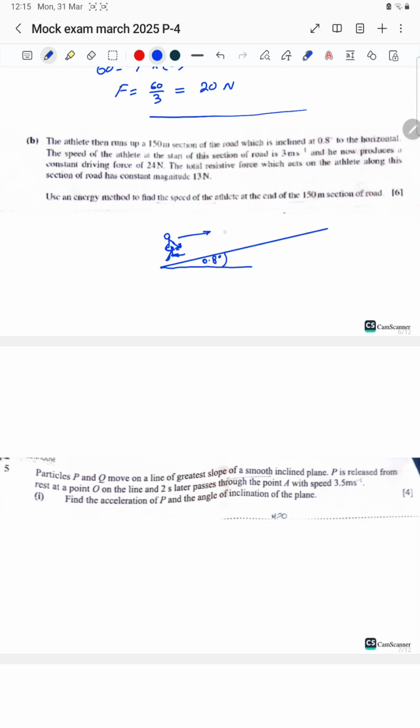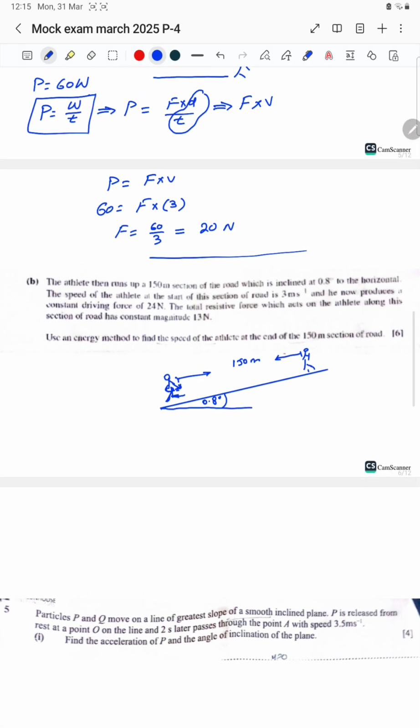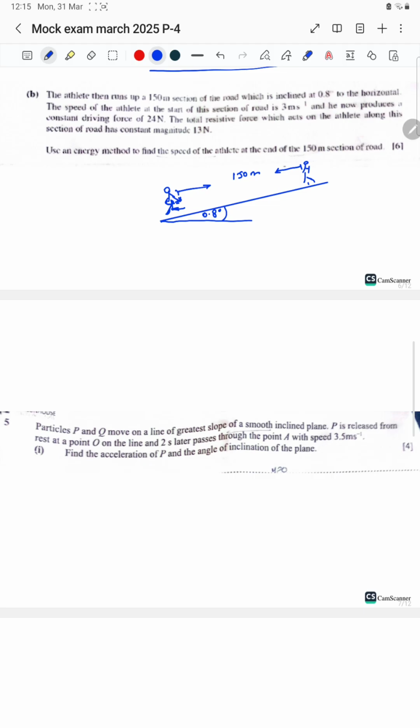The distance from here till here is 150 meters. The speed at the start of the section of the road is 3 meters per second, and he now produces a constant driving force of 24 newtons. So it means it is applying a driving force of 24 newtons.